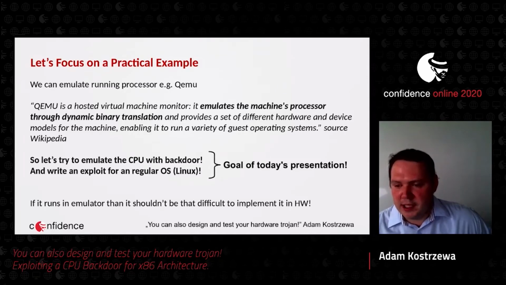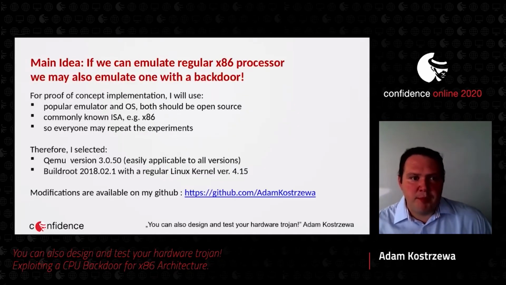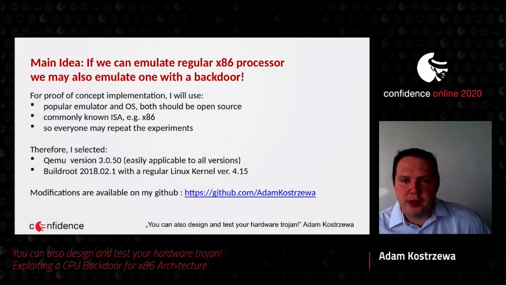We are limited in time, but I wanted to show you on a very simple example the logic behind such a hardware threat, how it can be exploited, and what an attacker would like to achieve. In order to emulate a regular x86 processor with a backdoor, we'll use Qemu because it's a very popular emulator, and we'll also use a Linux kernel.